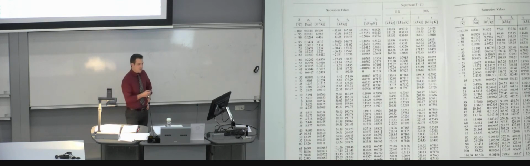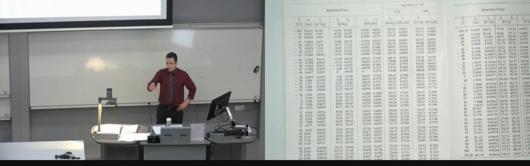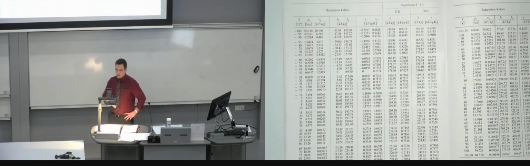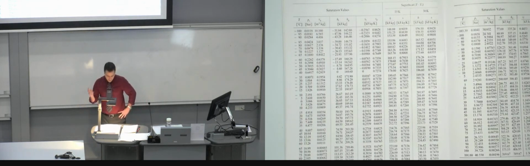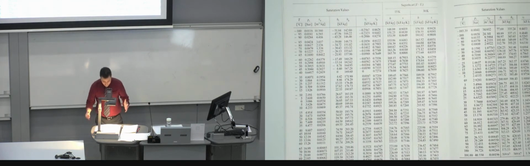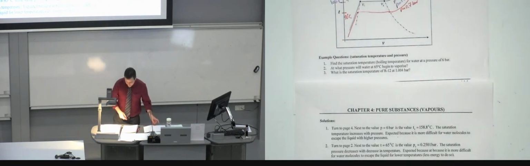If you are wondering why we would use R12 in the fridge or freezer cycle and not water, that's exactly because of that special feature of R12, which makes it perfect as a refrigerant. Okay, so that's the first three examples. Let's move on to the next page.